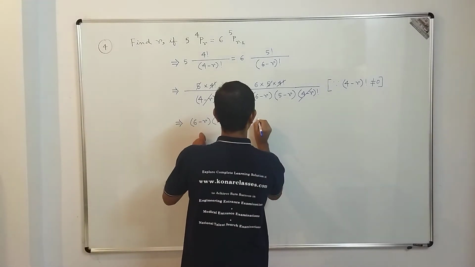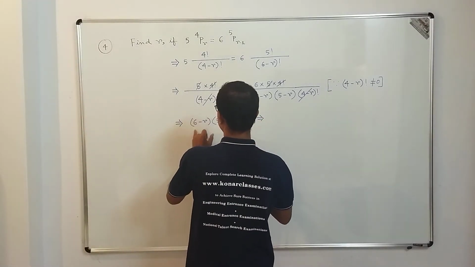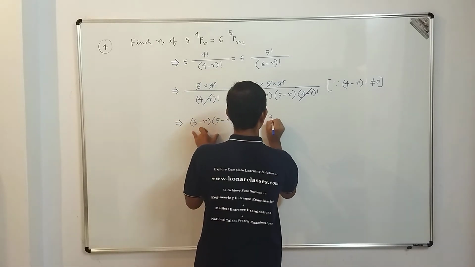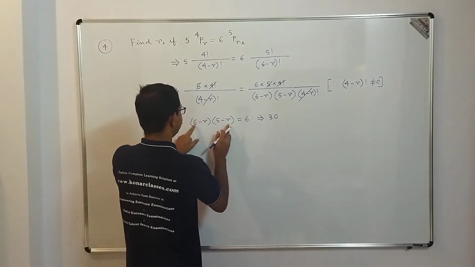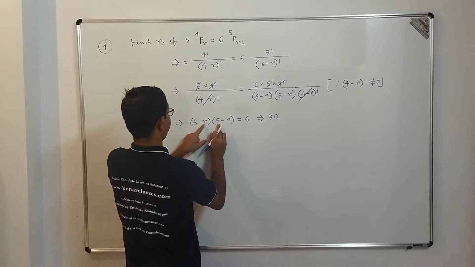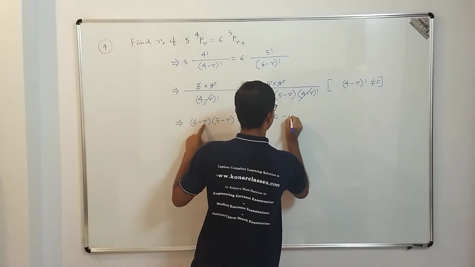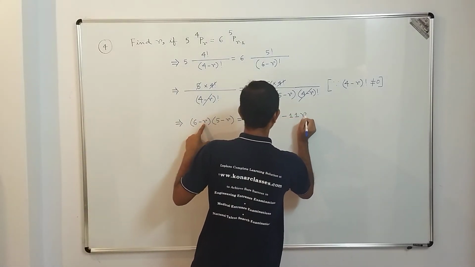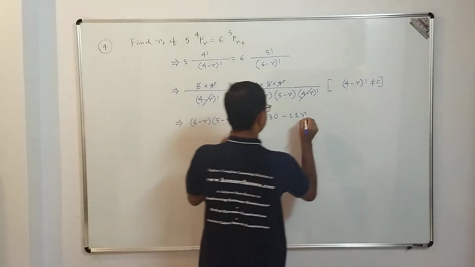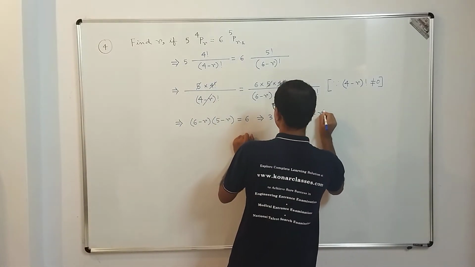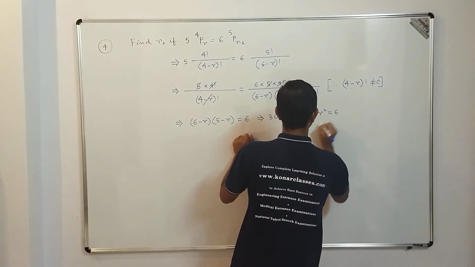6 minus r into 5 minus r, this implies 6 into 5 is 30, minus 6r minus 5r, that means minus 11r, and minus r into minus r, that means plus r square, is equal to 6.